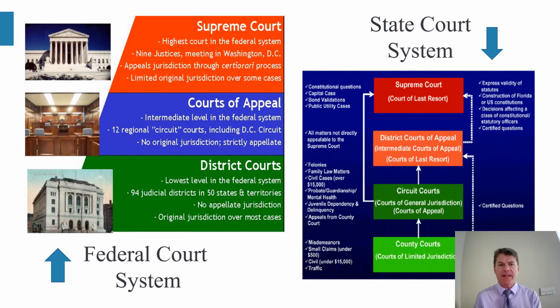So it's kind of a weird leap that you could potentially make from the state system into the federal system. You're not going through a federal trial court or federal appeals court. You're appealing your case from the state Supreme Court all the way to the U.S. Supreme Court. So you're bouncing out of the state system and trying to land in the federal system.